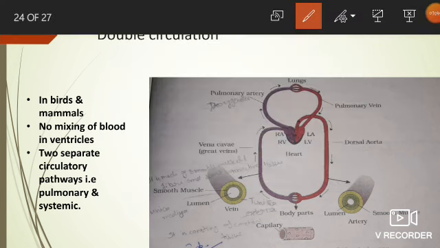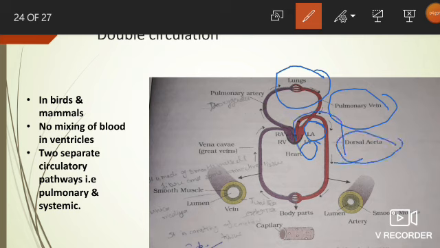As we have discussed, from the lungs, oxygenated blood is received by the left atrium with the help of the pulmonary vein. From the left atrium it goes to the left ventricle, and from the left ventricle with the help of the dorsal aorta it goes to the body parts.